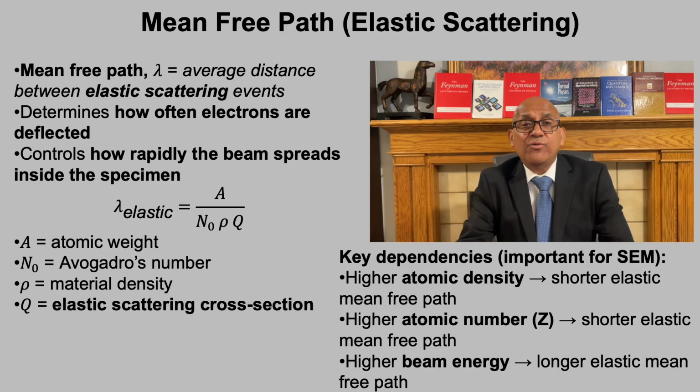You do not need to focus on the numerical details. What matters is the physical dependence. Materials with higher atomic density or higher atomic number cause electrons to scatter elastically more frequently, resulting in a shorter mean free path. Increasing the beam energy reduces elastic scattering and increases the mean free path. The elastic mean free path therefore plays a key role in determining how the interaction volume develops inside the specimen.